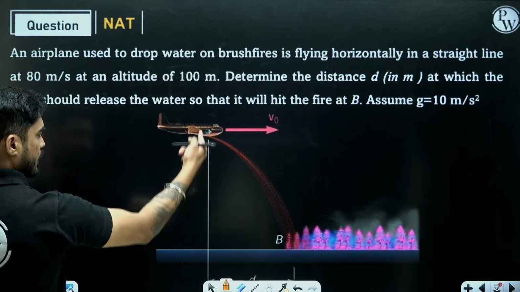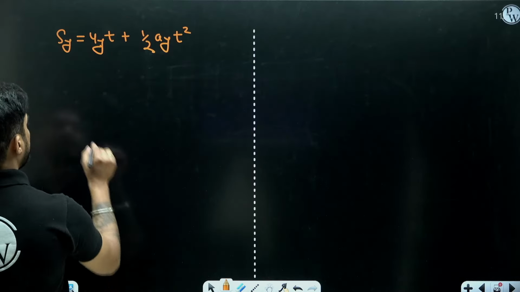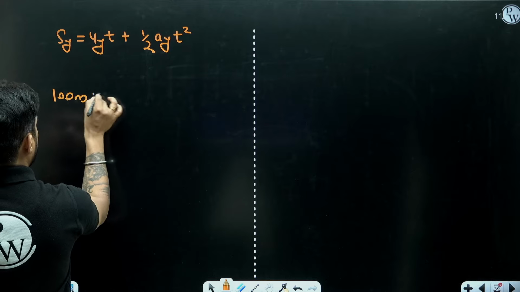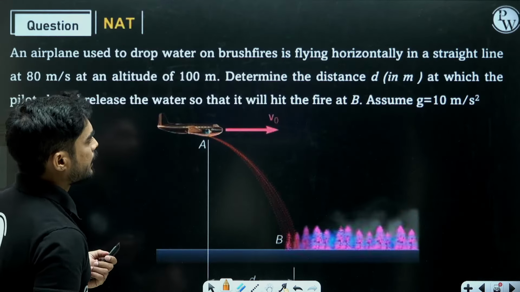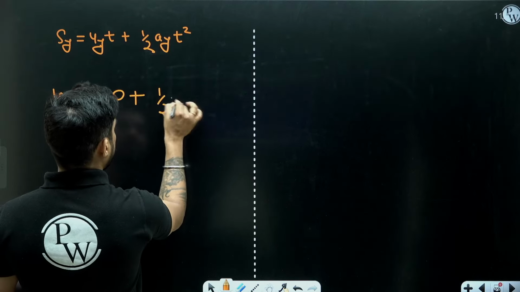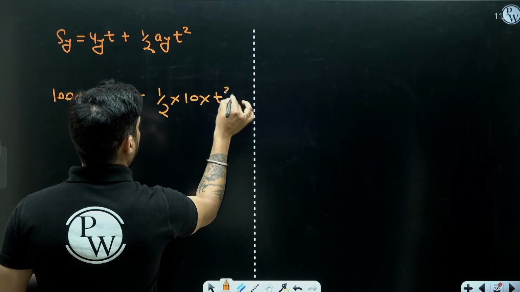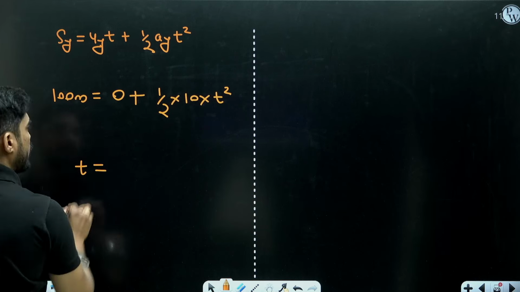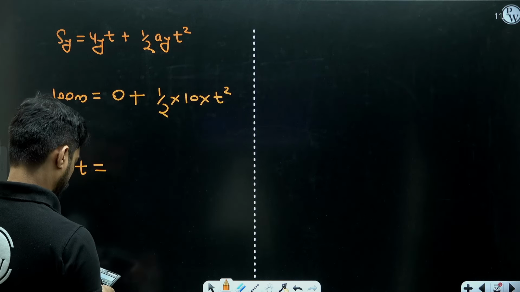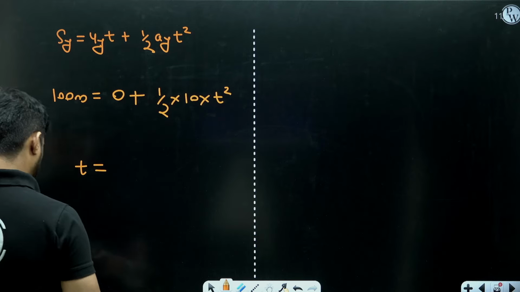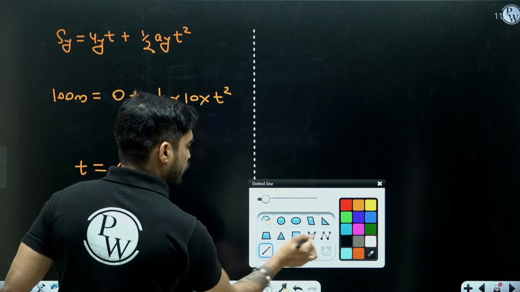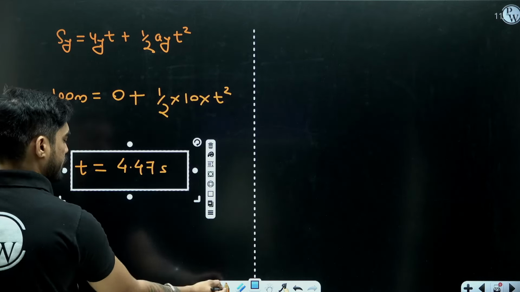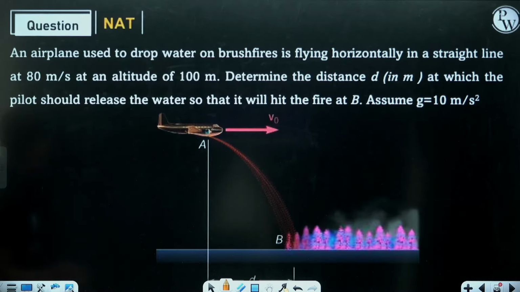Sy is given, the displacement in y is 100 meters from A to B. Uy is 0 because it is flying horizontally. Ay is g, which is 10. So from here you will get the value of time, which is 4.47 seconds. So it takes 4.47 seconds to reach from A to B.